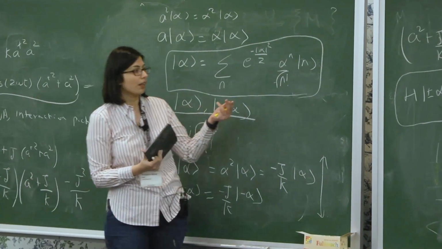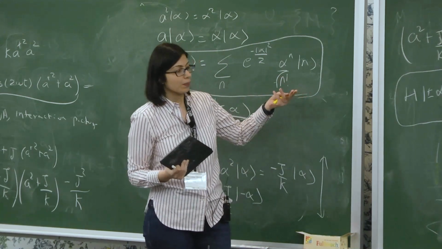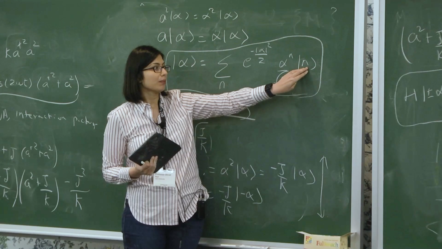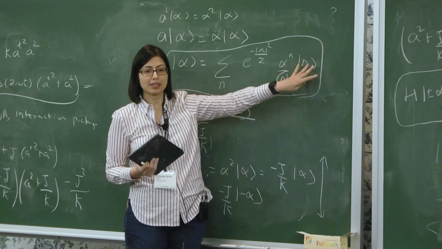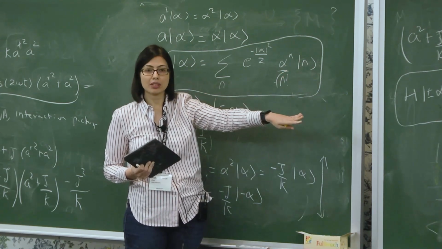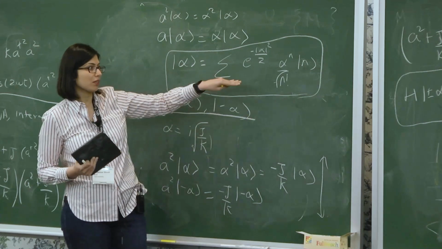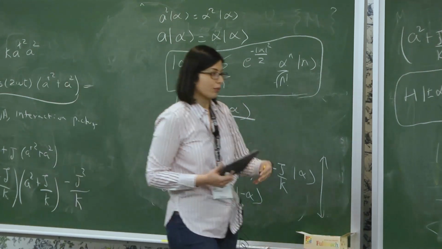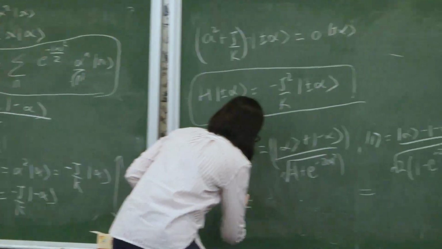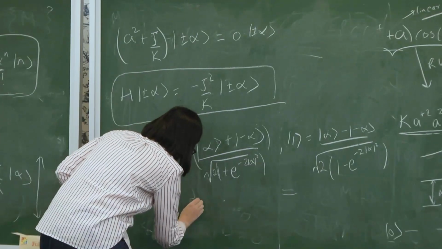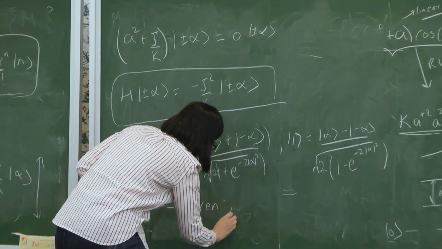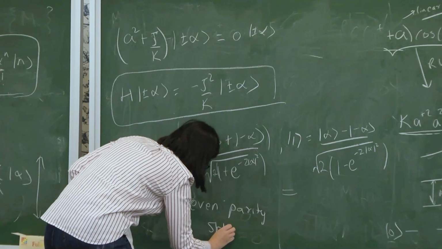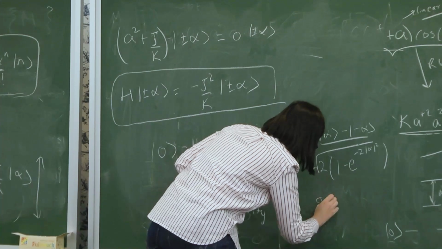For the even superposition state, odd n terms will cancel out, and you'll get only even Fock states. For the odd superposition state, even n terms will cancel out, and you'll get only odd Fock states. So this is an even parity state, and this is an odd parity state.